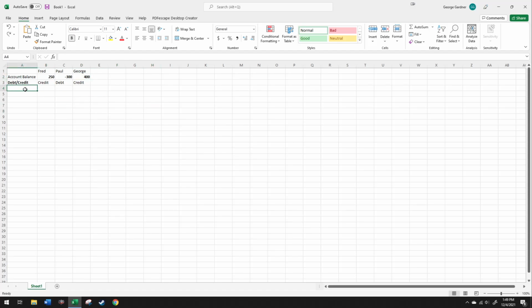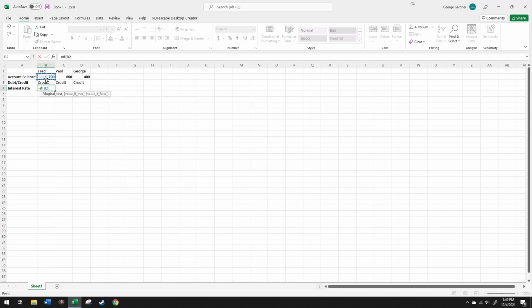If we wanted a number, let's say instead of caring about their credit, what if they all have credit? But we're a bank and we want to incentivize them to have more with us, so we're going to give them a higher interest rate if they have more than $500. Oops, I didn't put an equal sign. You always have an equal sign.